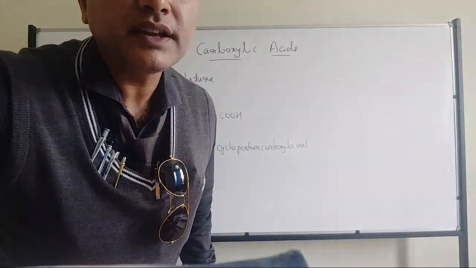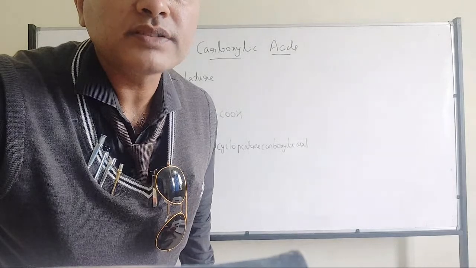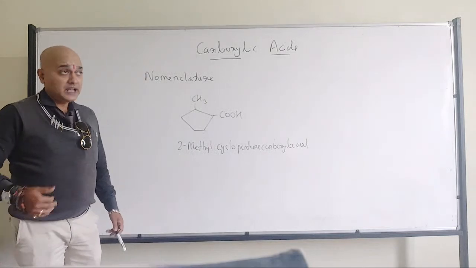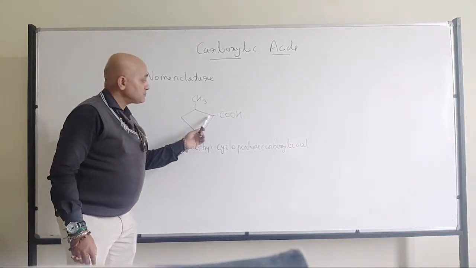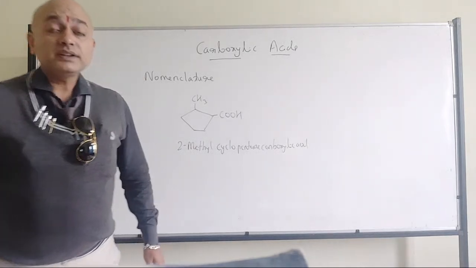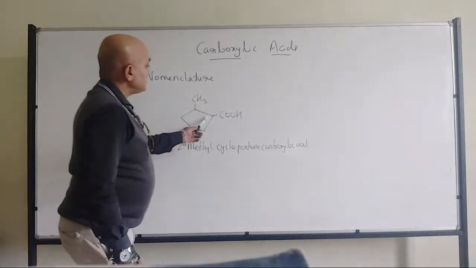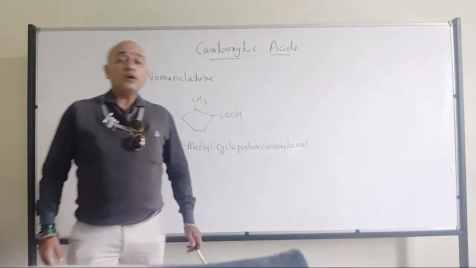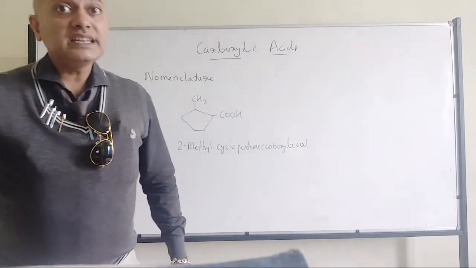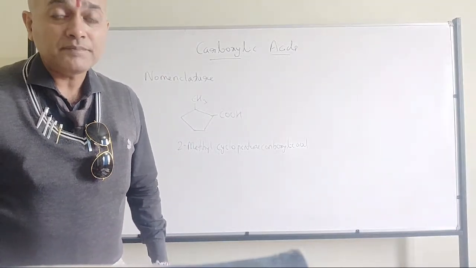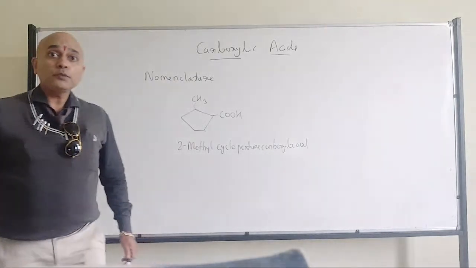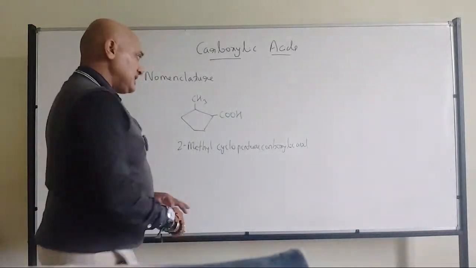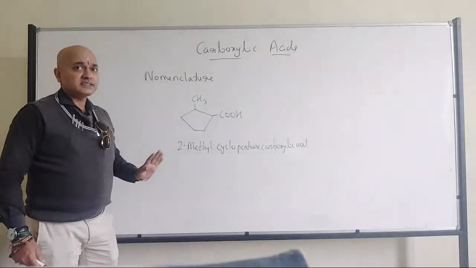Some people have written carboxylic acid. That is because if I say pentanoic acid, sometimes it will lead to the thought that this carbon is part of the 5 carbon molecule. But that is not the case. This carboxyl group is outside. So it will be more appropriate if I mention it as carboxylic acid. If you remember, we used to call benzaldehyde, or to be more appropriate, benzene carbaldehyde. Archit, yes, cyclopentanoic acid is fine.